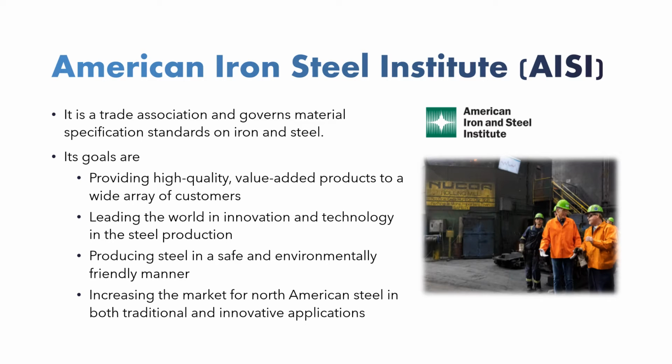Okay, so let's take a look at each agency. The very first one is the American Iron and Steel Institute, we call it AISI. This organization began as a trade association, and it governs the material specification standards. They concentrate on iron and steel. They provide high quality value-added products to a wide array of customers.